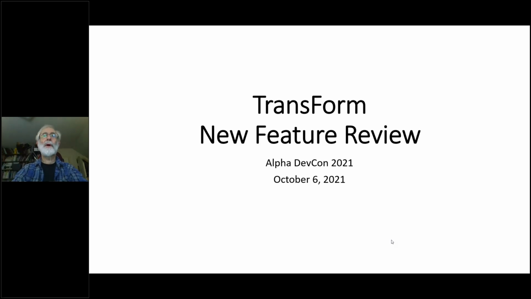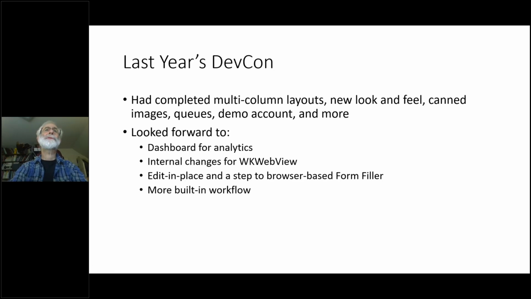The title of this is TransForm New Feature Review, according to the agenda. So let's get into it. At last year's DevCon, we had just finished all sorts of stuff. We added multi-column layouts to TransForm in the filler so that you could have fields next to each other, and if you had a wider screen, you would end up with more fields, and a nice new look and feel.